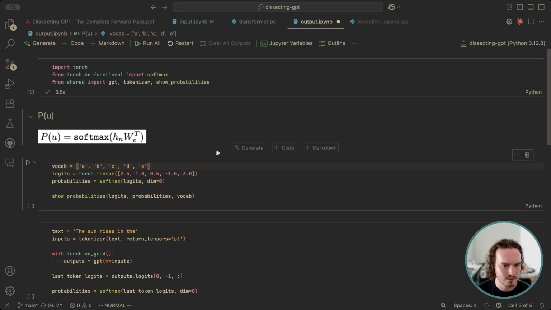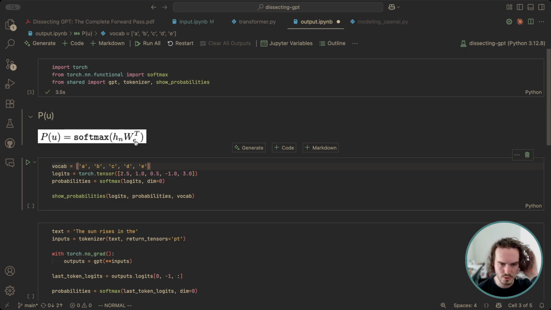And I've got this little example where, let's say our vocabulary is just these 5 letters. And then our logits are going to be this piece of computation right here: we have our hidden state in, so that's going to be in 768 dimensions. And then our token embedding matrix is going to be the vocabulary size by the D model, so 768.